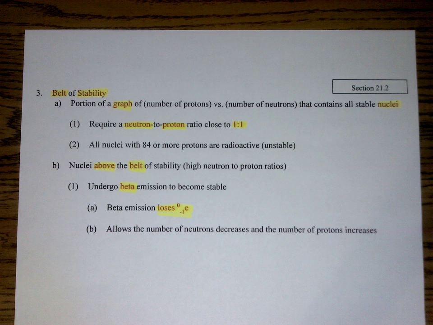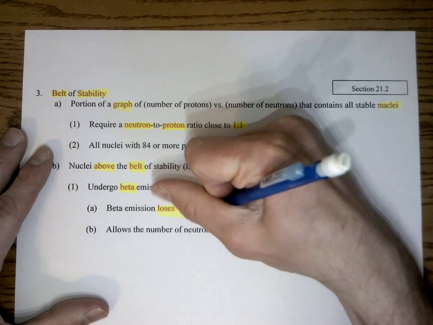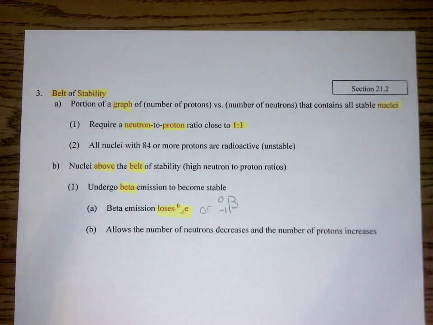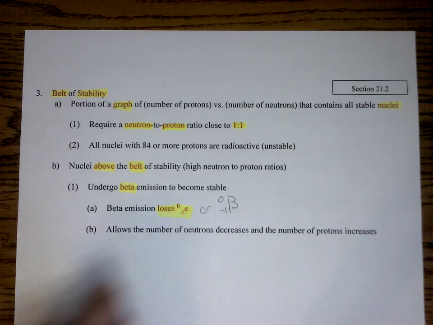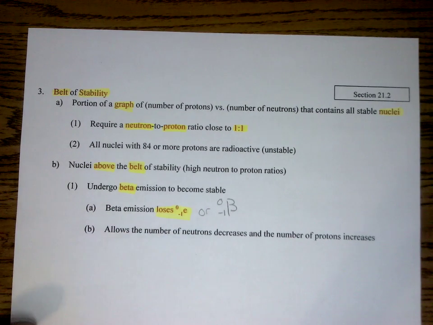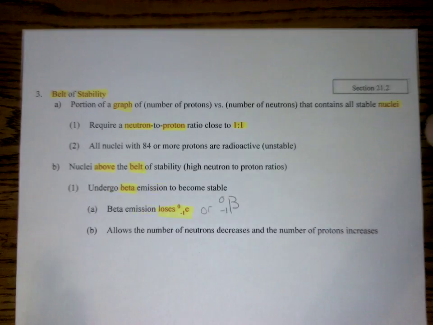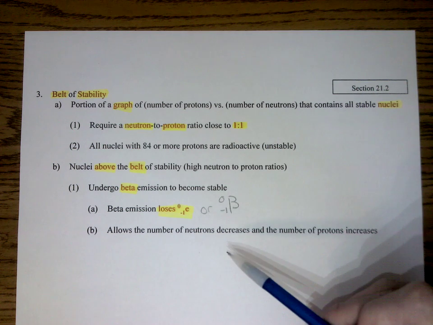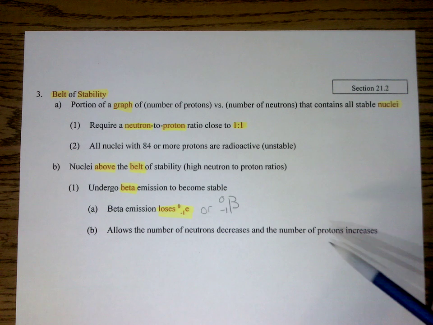Okay? So if you are above that belt of stability, you're going to undergo that beta emission. Now, remember, beta emission can also be written, I like to write it with the big B there, and have that same symbol. What this does, very important here, you may want to star this as an understanding, I'm not going to have you memorize it, is that it decreases the number of neutrons relative to the number of protons.